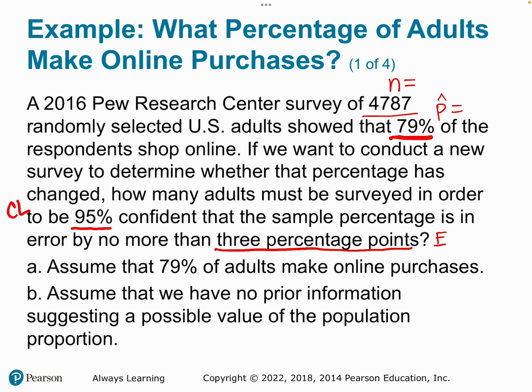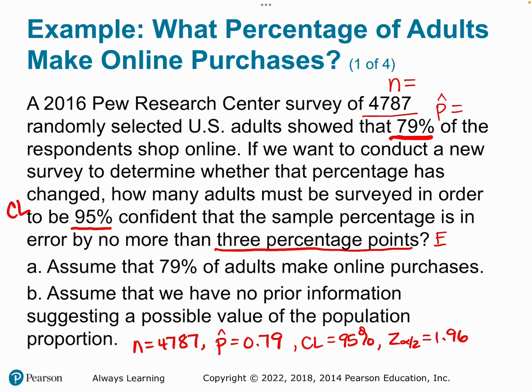So let me summarize here below what we have. We have the value of n is 4,787. We have that a previous study had that p hat was 0.79, and we want our confidence level to be 95%, which means that our critical value z must be that 1.96 that we saw earlier in this section.